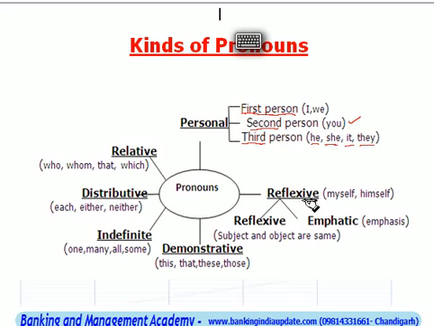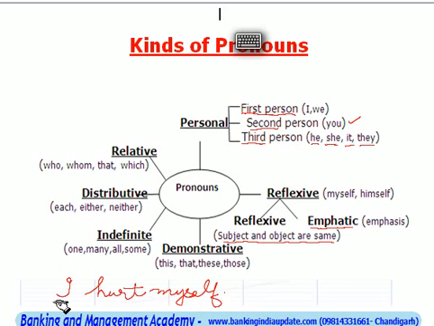Next, reflexive pronouns are the ones which include emphatic pronouns along with it. When we talk about reflexive pronouns, the subject and the object are the same. To illustrate this, consider this example. I hurt myself.